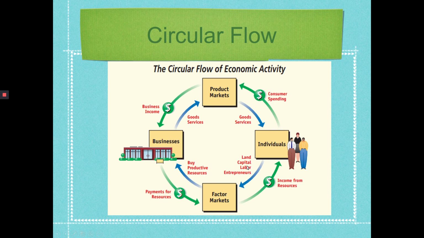Okay, so we as labor in this factors of production go to our job and we make a product. The businesses are going to buy it. They're then going to turn around and put that in their store, and the stores then provide the good or service to us, the individuals.